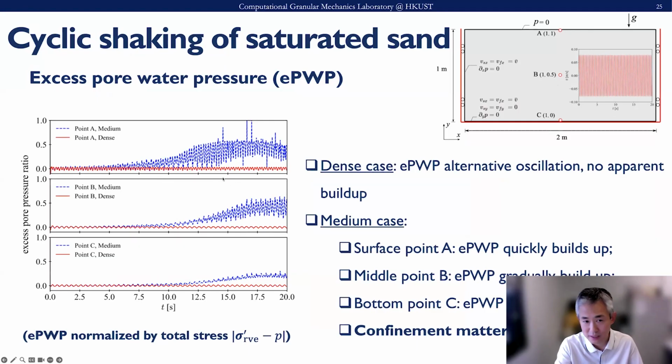But for the medium dense case at the ground surface, the buildup of pore pressure is quite significant, as shown by the blue ones. In the middle, the confinement is medium, and the buildup is not as significant as at the ground surface. At the bottom, the confinement is high, and the buildup is quite mild.